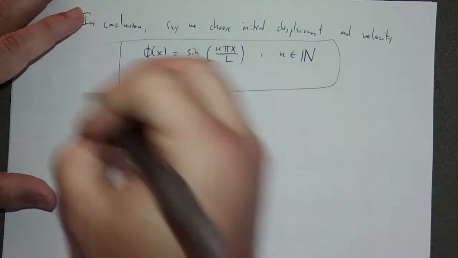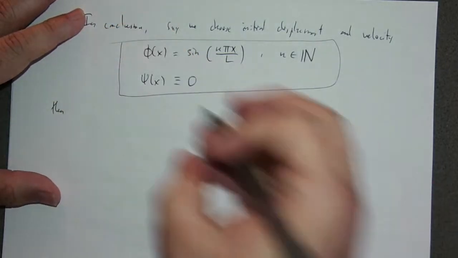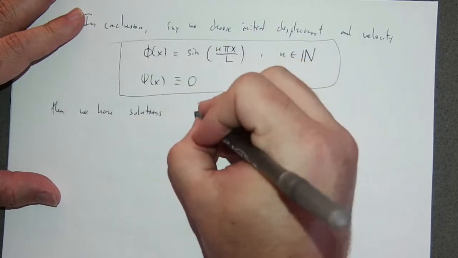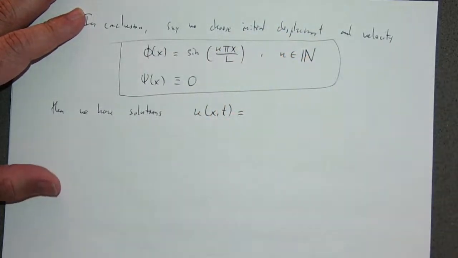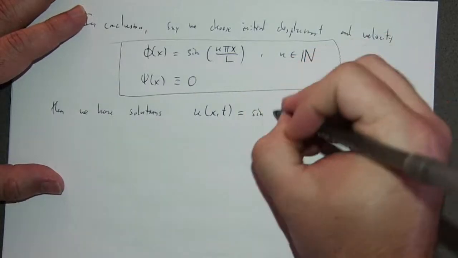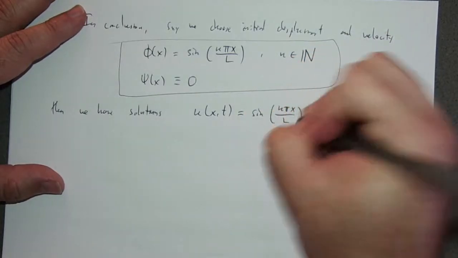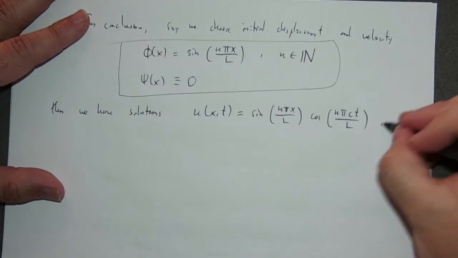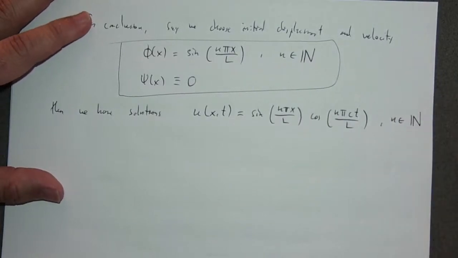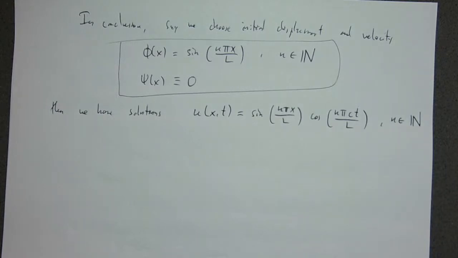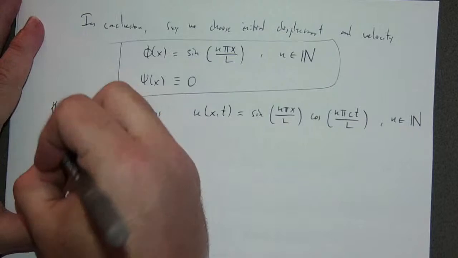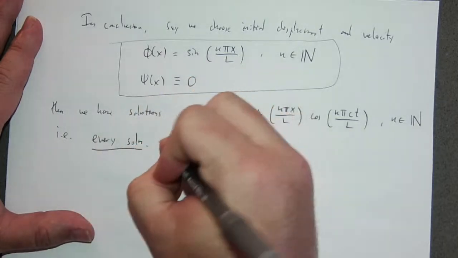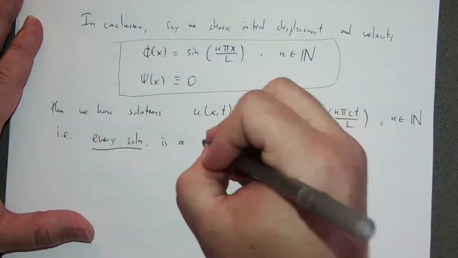Then we have solutions u of x,t, which is sine of n pi x over L times cosine of n pi ct over L. We have that as a solution for every n in the natural numbers, i.e., every solution is a linear combination of these special ones.